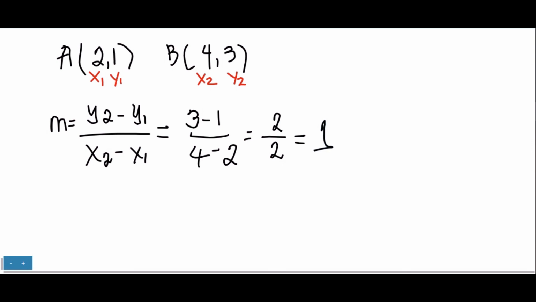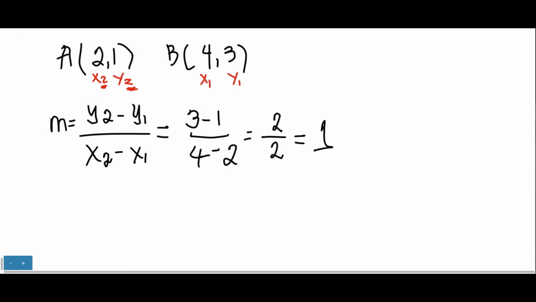Now let's try to interchange these two. What if this time this is x sub 2 and y sub 2? Take note, I'm using the same subscripts to mean that these two coordinates belong to the same point. What must not happen is that this one is x sub 2 and this one is y sub 1. Then we will have this as x sub 1, y sub 1 instead.